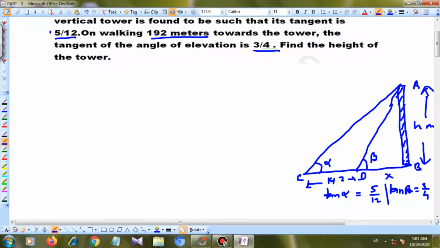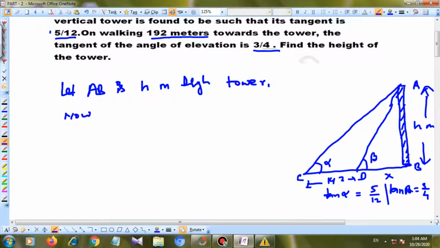So first of all, we should write the statement about the question. Let AB be an h meter high tower.